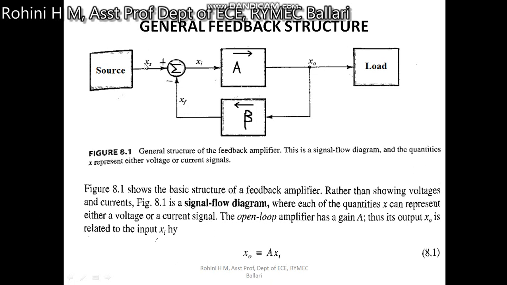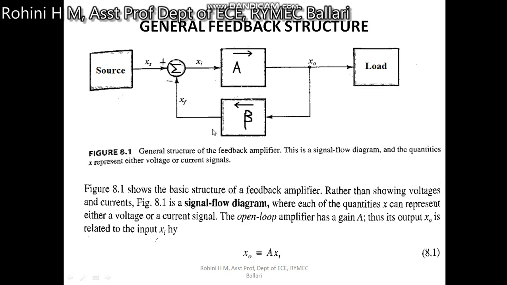Note down here, X can either be a voltage signal or a current signal. Note down here, Xi is XS minus XF. The source signal minus the feedback signal is our input signal, and the output signal X0 is nothing but the input signal multiplied by the gain factor, that is A into Xi.